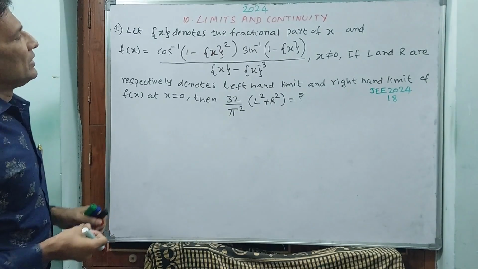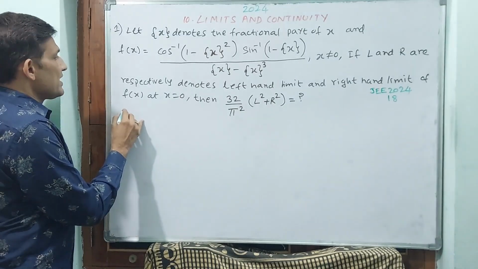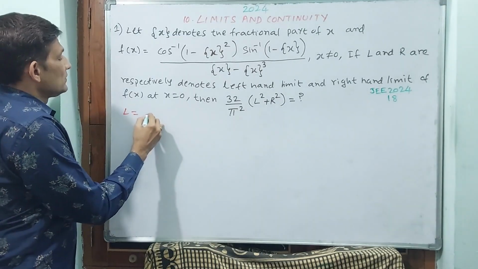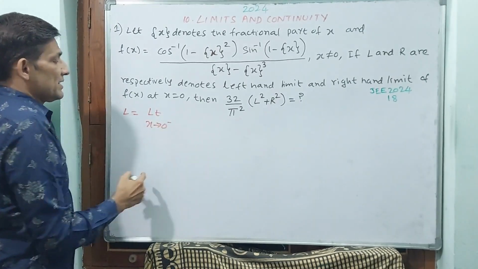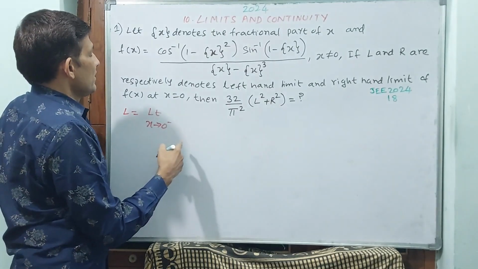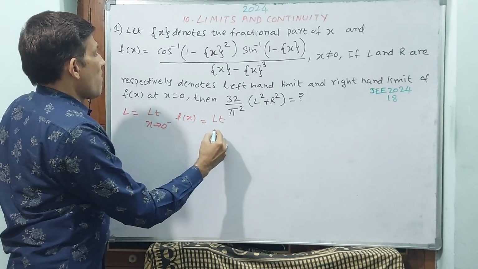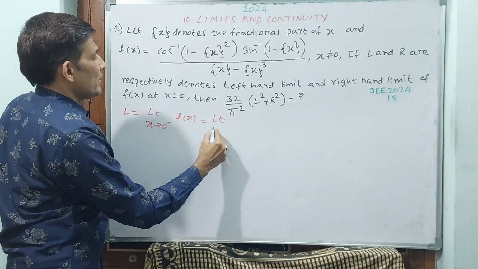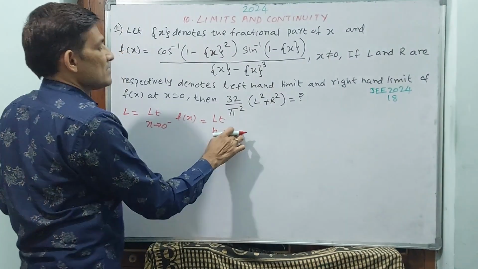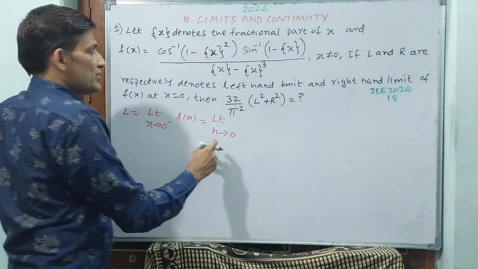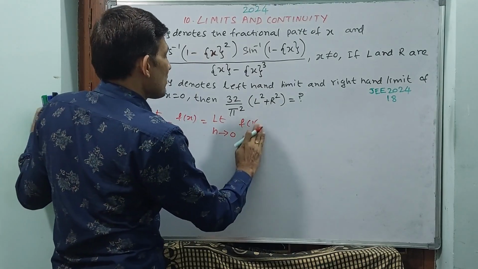Let us try to solve the left hand limit and right hand limit. See, let me write the left hand limit. Left hand limit L is equal to the limit x tends to 0 minus of f(x), that is equal to the limit h tends to 0, f of 1 minus h, since left hand means 1 minus h you have to write.